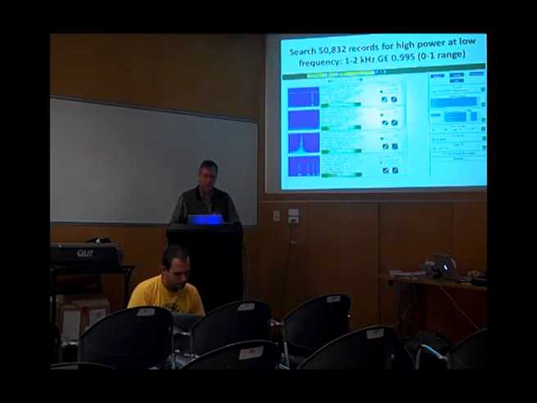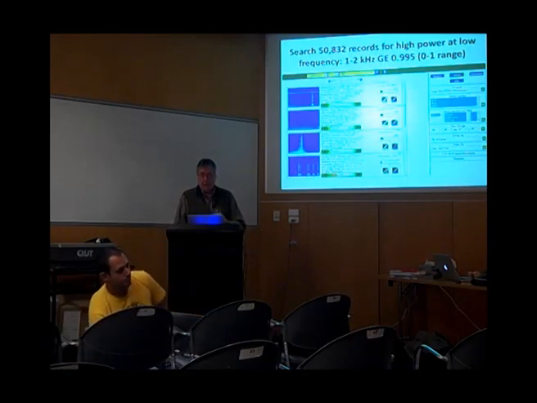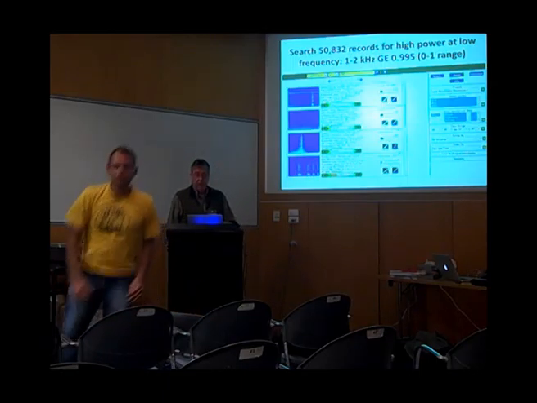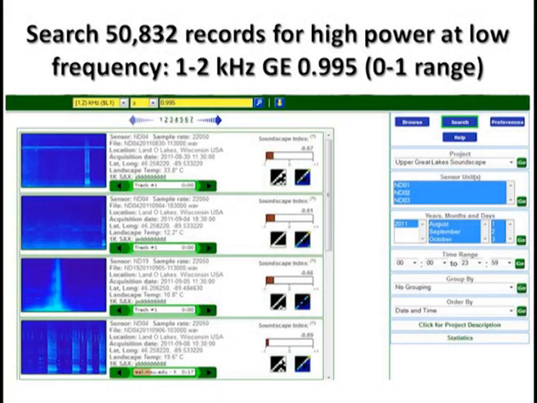If we were to do a little more sophisticated search, we could search all 50,000 records, but only look at the high power at low frequencies, for example. So we could say in the 1 to 2 kilohertz range, I want values that are greater than 0.995 on a 0 to 1 scale.